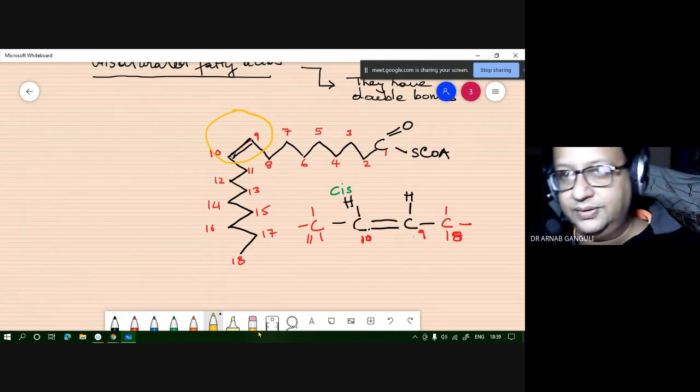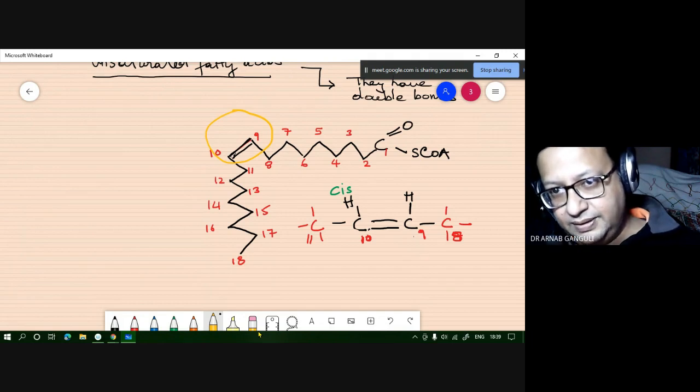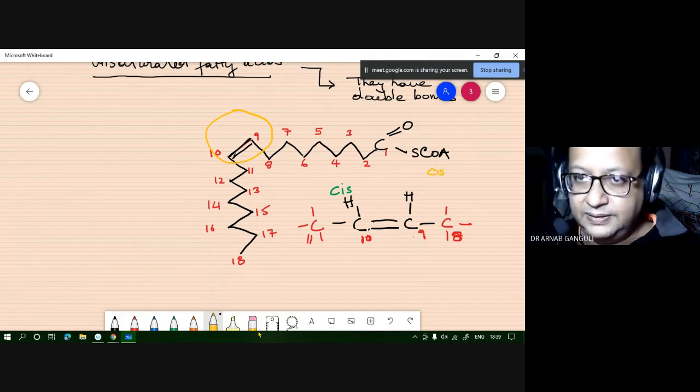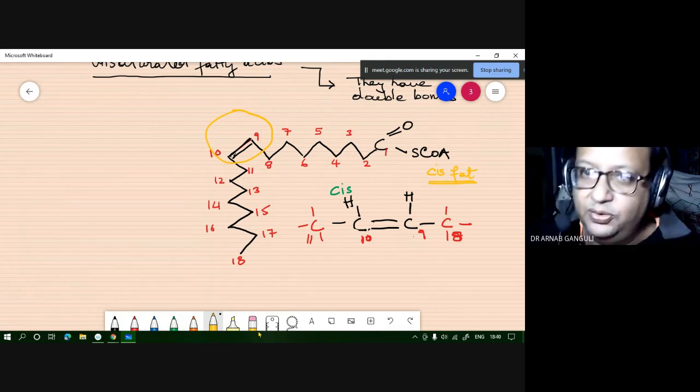So, therefore, this is a cis fat. It is not that bad for health. I will tell you why.